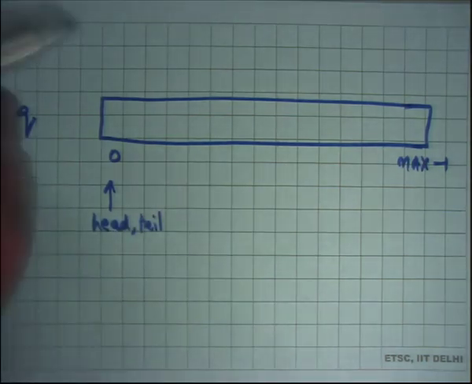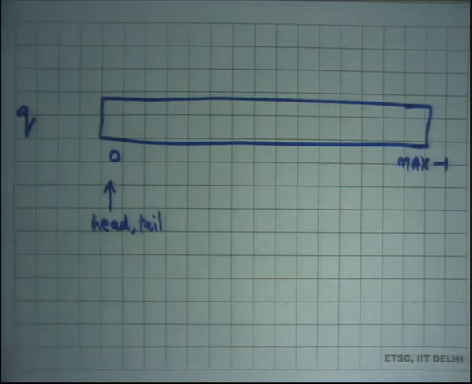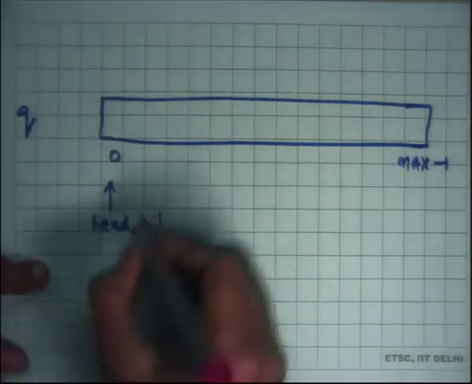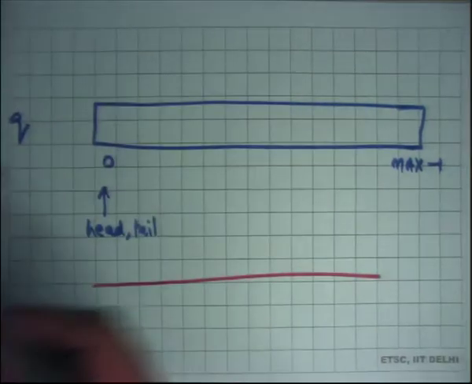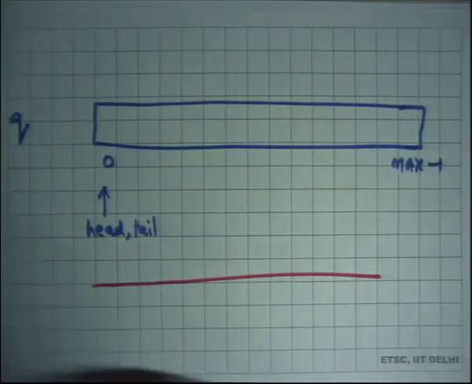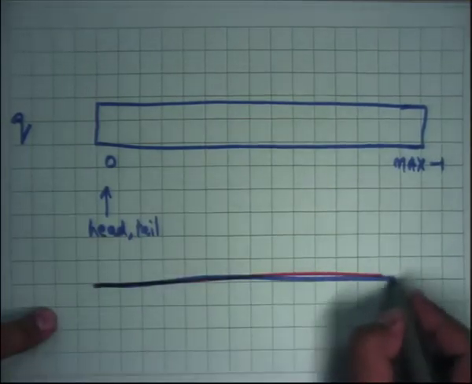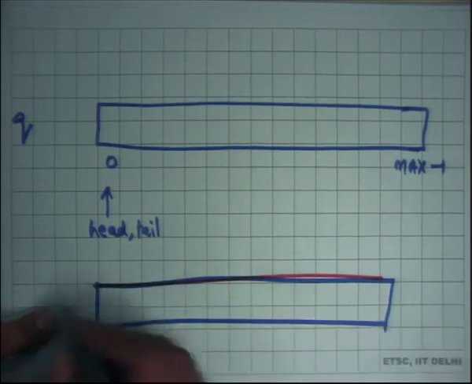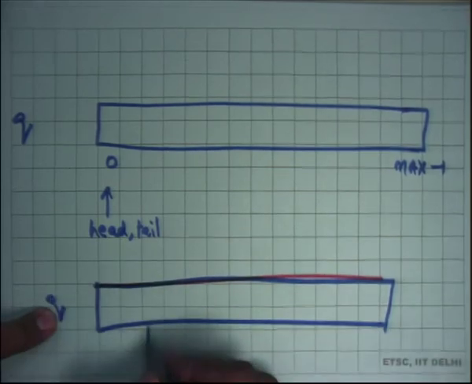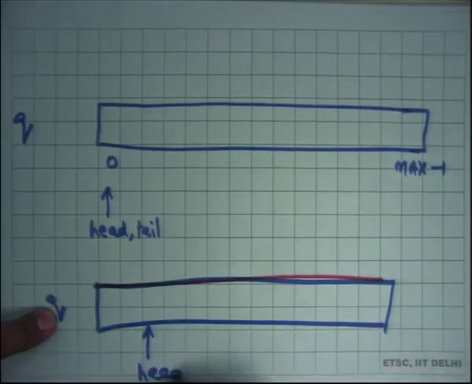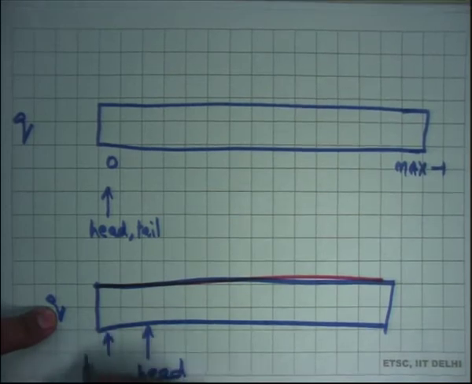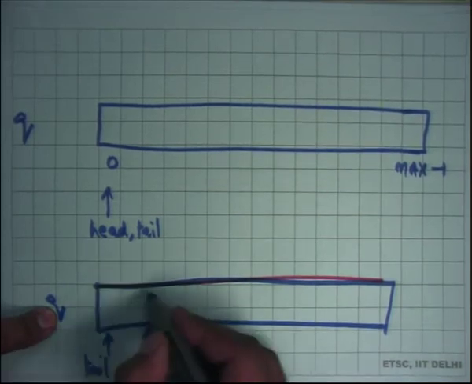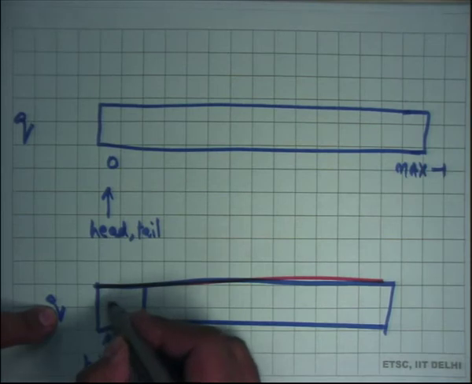Now what will happen is that when I produce something, I am going to increment head. So when I produce an element in the queue, head is going to advance and tail is going to be here, and this will be the first element.